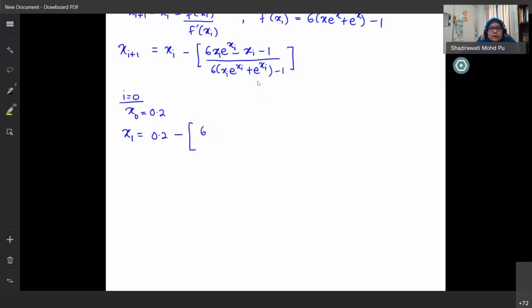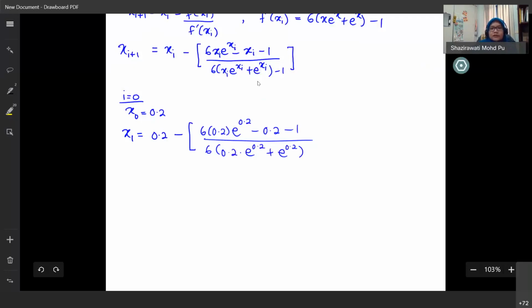So 0.2 exponent 0.2 minus 0.2 minus 1 over 6 times 0.2 times exponent 0.2 plus exponent 0.2 minus 1. Press your calculator and you will get 0.1659. This is manual calculation.